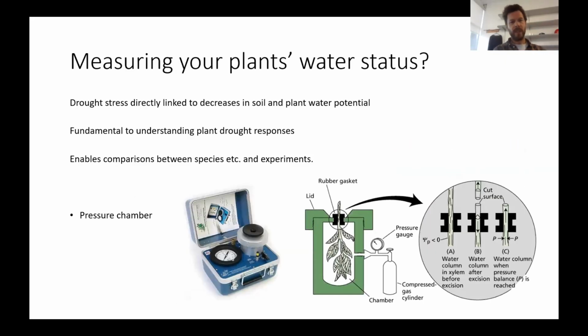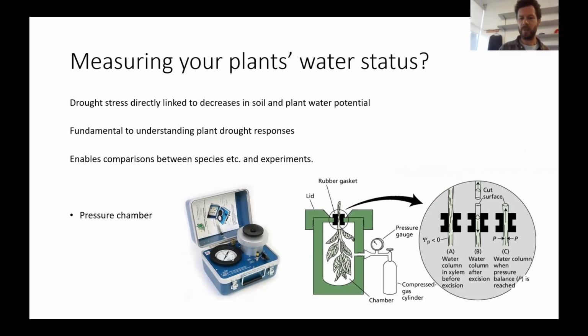So to measure plant water status, we typically use the pressure chamber. Here's a picture of a pressure chamber from PMS. You can buy those from that company. Essentially it applies pressure to a leaf that you excise from the plant at different levels during that drought experiment.